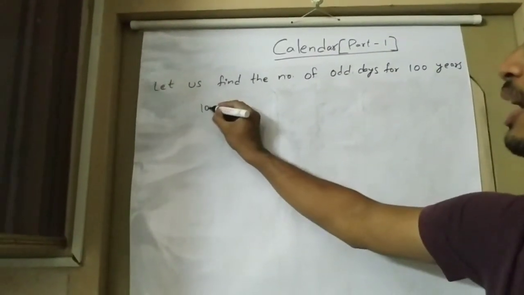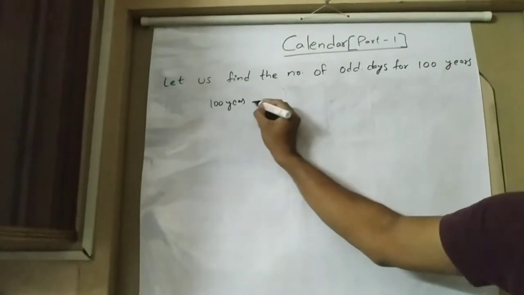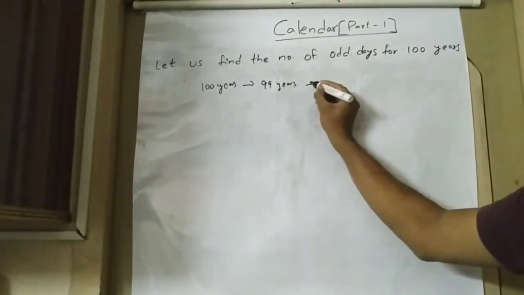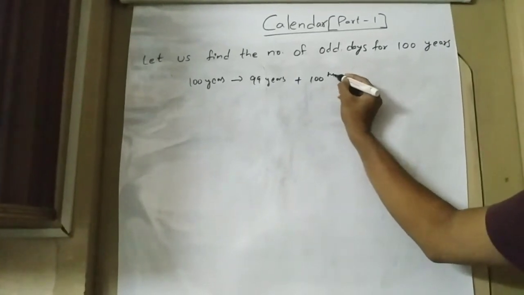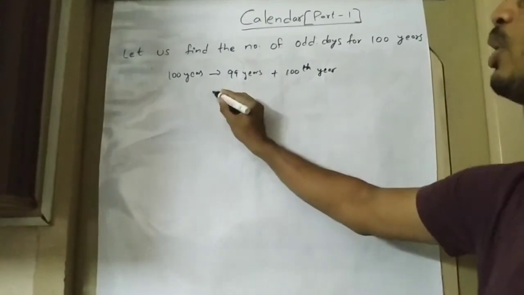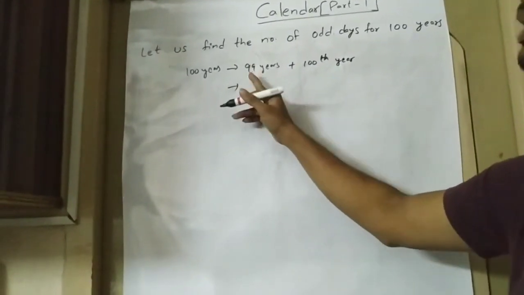We know for 100 years, let us split this into 99 years plus the 100th year. We know for every 4 years there will be 1 leap year.